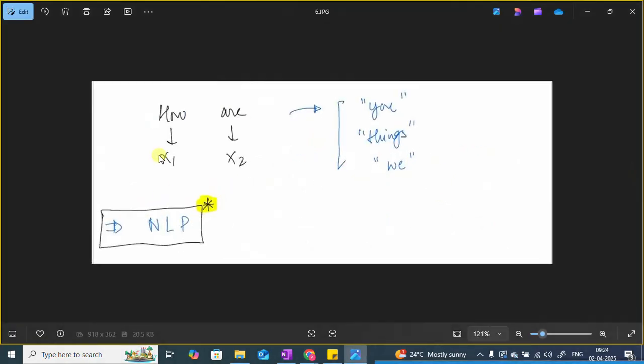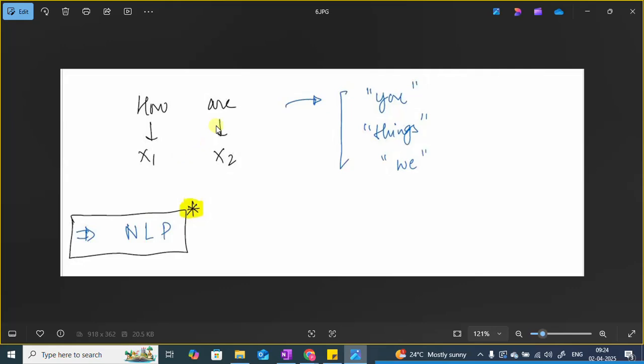Now you can see "how" is X1 and "are" is X2. For the next word, I'll choose either "you", or "things", or "we", or "the", whatever it may be. That depends on NLP, natural language processing, which as I told you is used behind the scenes. It's part of deep learning altogether. Based on the conditional probability, whichever word has the higher conditional probability, that word will be picked.